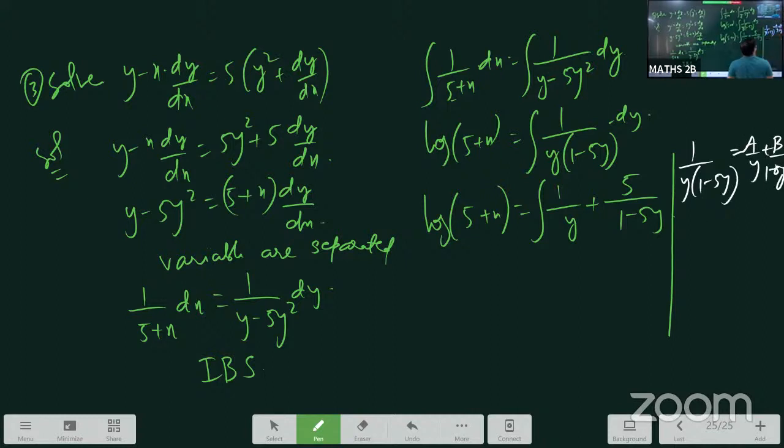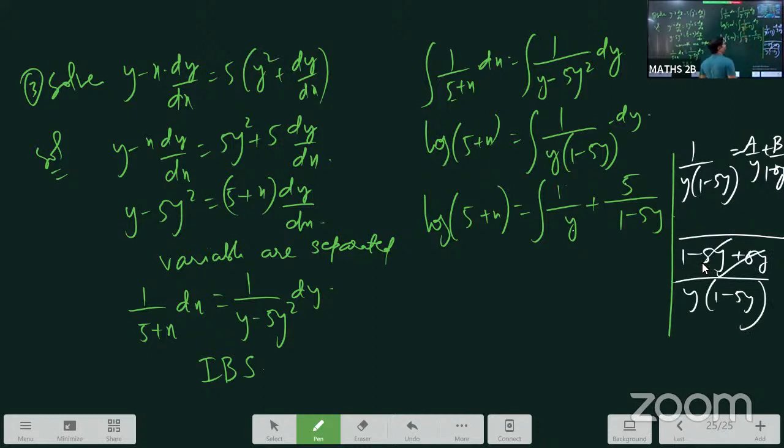Right? Now you don't know how to do partial fractions in your 2a. Right, same. So if you want, you check it here. You cross multiply, you will get the same thing: 1 minus 5y plus 5y by y into 1 minus 5y. See, y gets cancelled. Am I getting the same previous step back or not? That's all. Okay. Right.